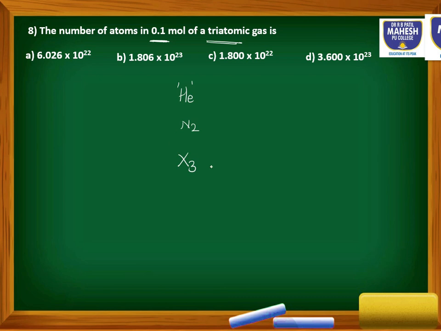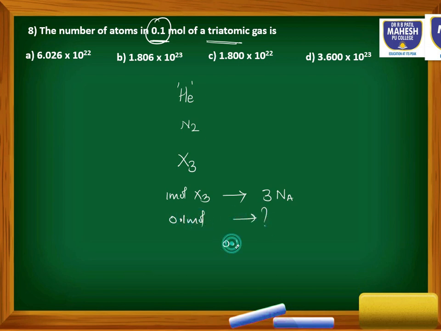And we have to calculate the number of atoms present in 0.1 mole of X3. In 1 mole of X3, how many atoms we have? We have 3 into Avogadro number of atoms, because one molecule has 3 atoms. Then 0.1 mole has how many?